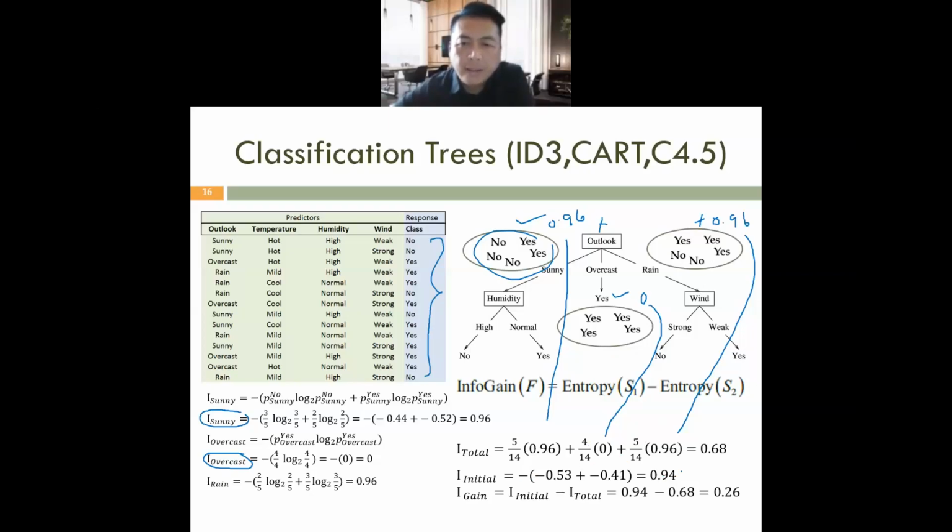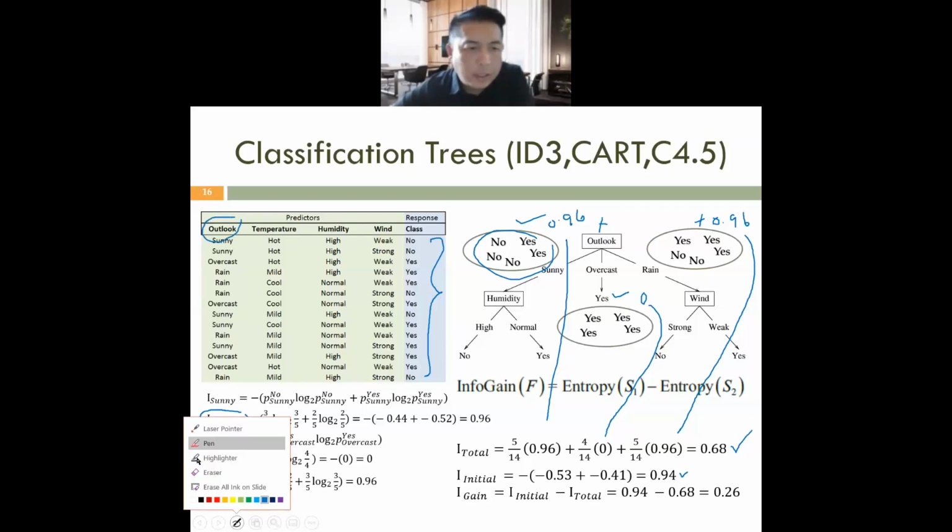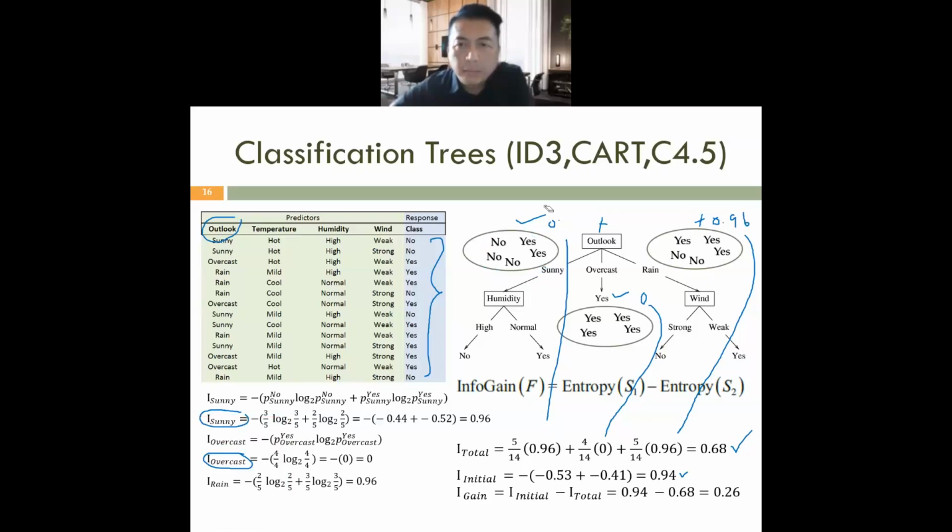Then finally we have 0.68. This is the entropy after you split the data using the outlook. Before you split the data, of course, let me erase this.